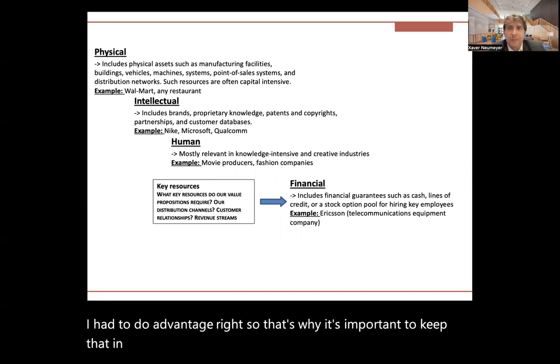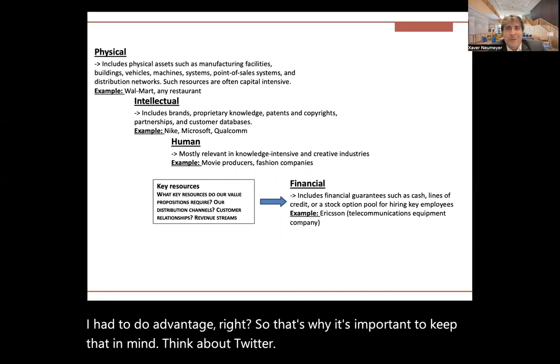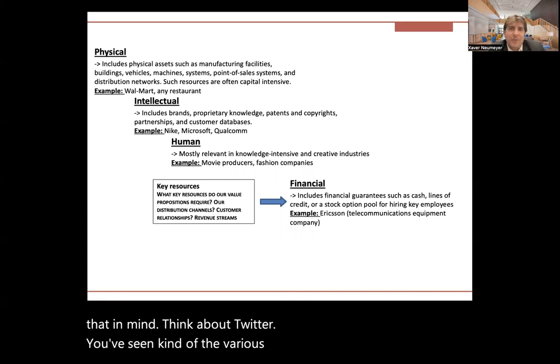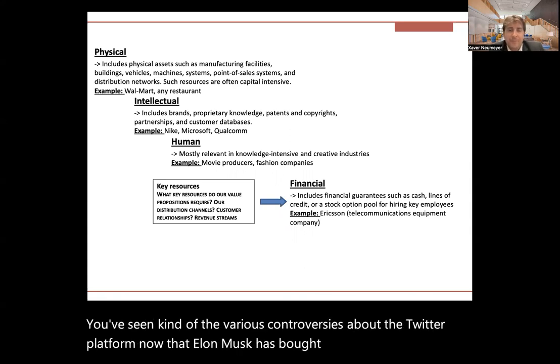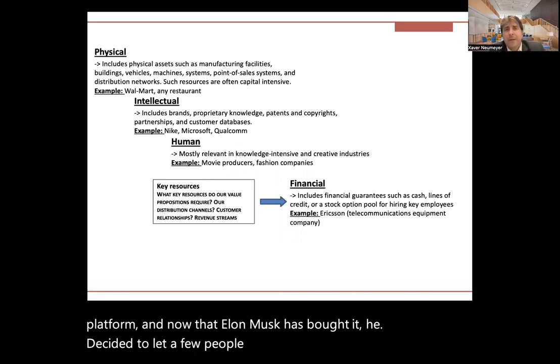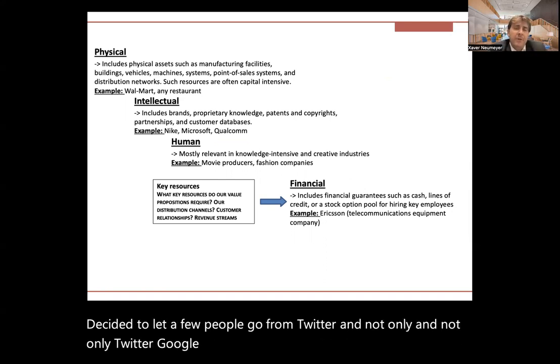Think about Twitter. You've seen the various controversies about the Twitter platform. Now that Elon Musk has bought it, he decided to let a few people go from Twitter, and not only Twitter, Google, Meta, Amazon, et cetera.